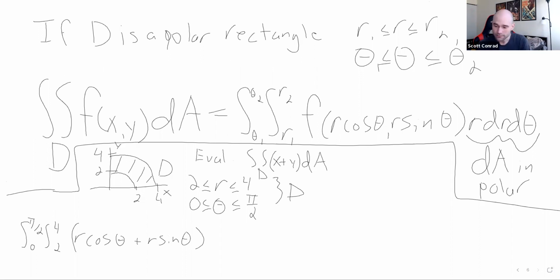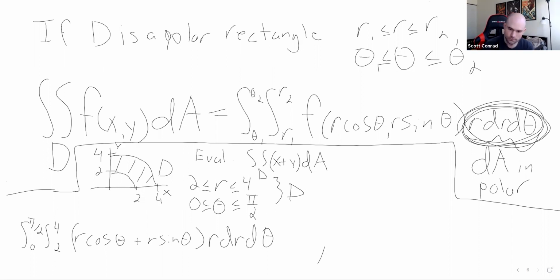And then dA, remember, dA becomes r dr d theta. So just remember to multiply everything through by r. So we get theta goes from 0 to pi over 2.